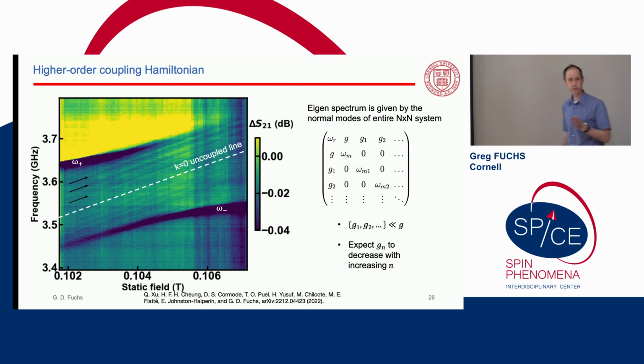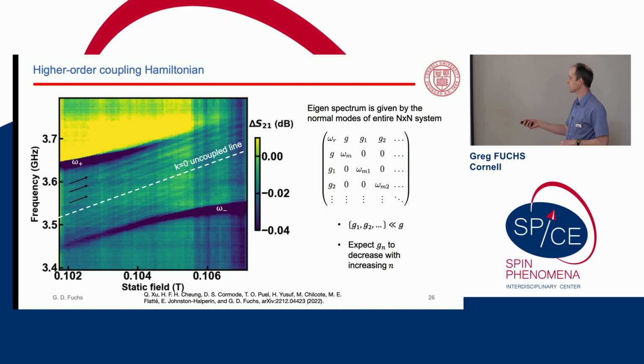Okay, nonetheless, we can analyze this situation in terms of now the n by n system, where each of these higher order modes, in addition to the uniform mode, is coupled with a G1 or G2 for each mode to the resonator. And what we expect here is that as we increase the mode number, the total effective magnetic dipole is decreasing because we have more and more nodes and antinodes being added into the system.